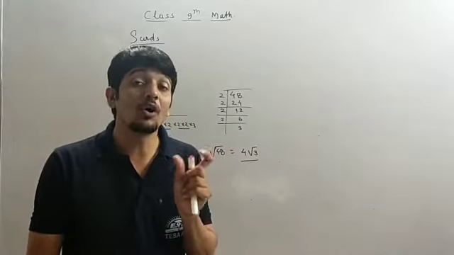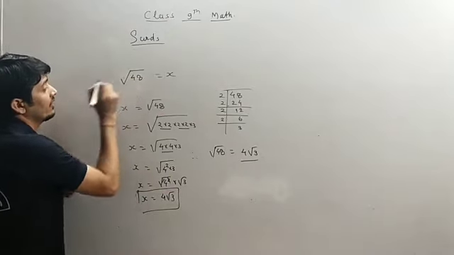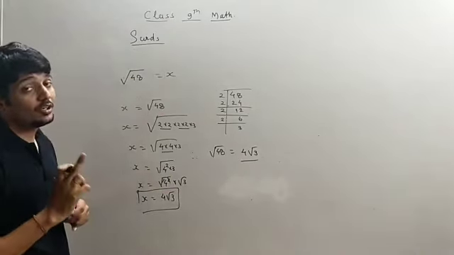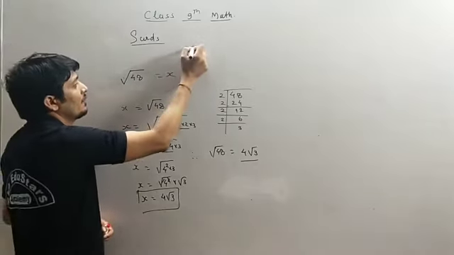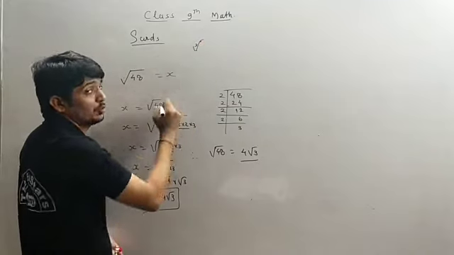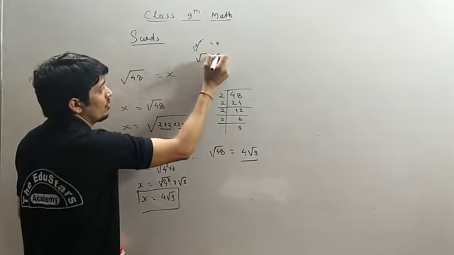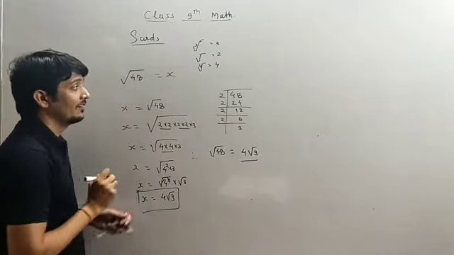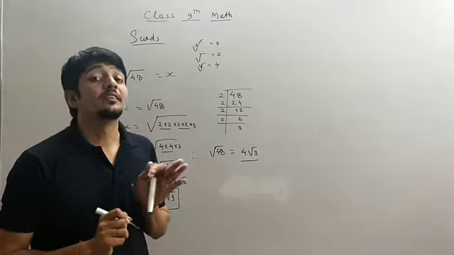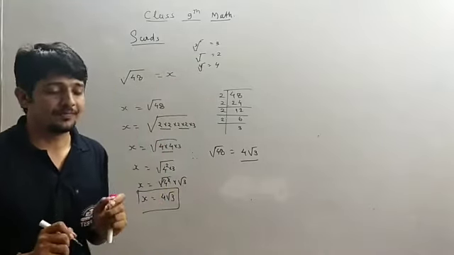Order means if nothing is written here, that means the order of the root will be 2. अगर हमने यहाँ पर 3 दे दिया, that is cube root, तो इसका ऑर्डर कितना हो जाएगा, 3. यहाँ पर कुछ भी नहीं है, that means इसका ऑर्डर हो जाएगा 2. अगर यहाँ पर 4 है तो इसका ऑर्डर हो जाएगा 4. Likewise you have to write the order of the root in the first question.